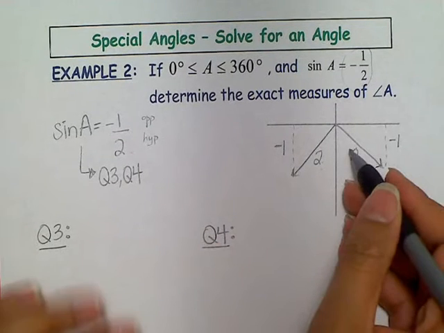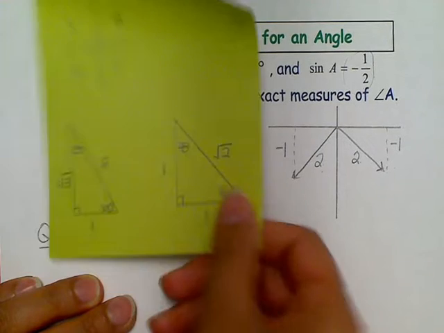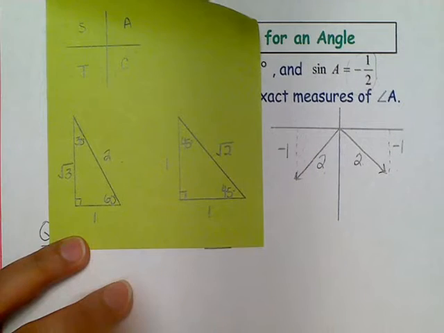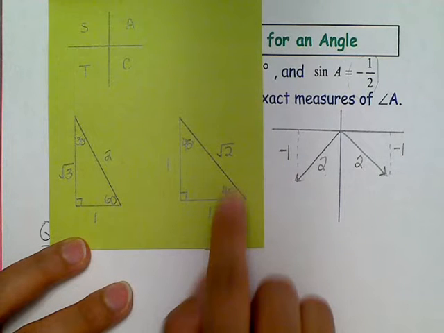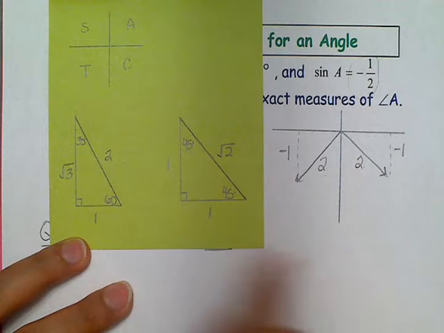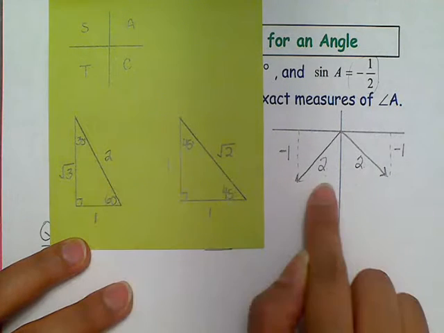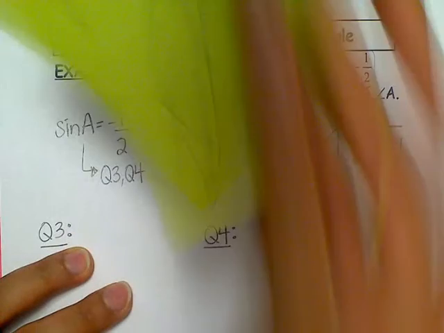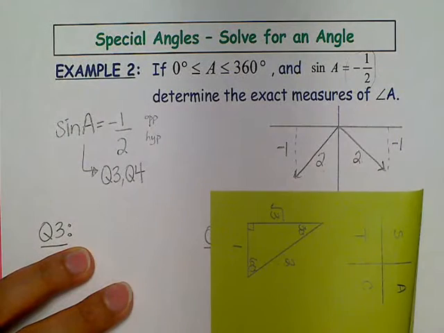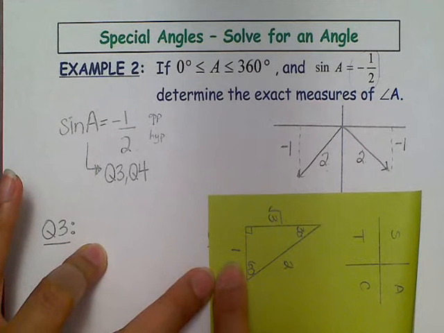So let's examine our diagram here. I know that I have a special triangle that has a side length of 1 and a side length of 2. So if I look at my special triangles here, this one has side lengths of 1 and √2, which eliminates the idea here. But this one has a short side length of 1 and a hypotenuse of 2, which is similar to what we have here. So if I actually try to rotate this, I sort of have something that looks like this, with a hypotenuse of 2 and a shorter distance of 1.